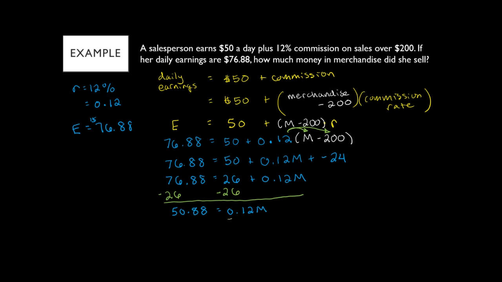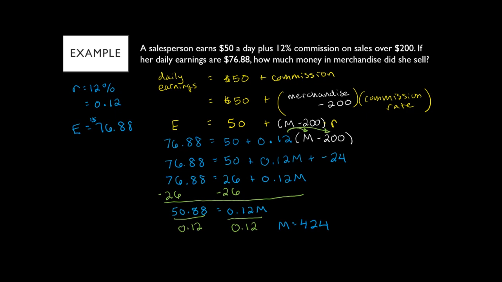And now we're going to divide both sides by 0.12. And we get m equals 424, which actually is $200 more than the original way that we solved it.